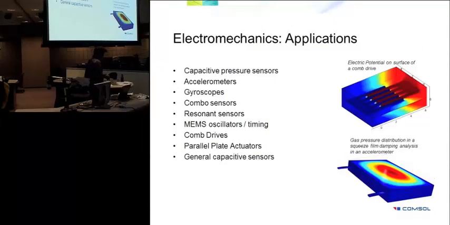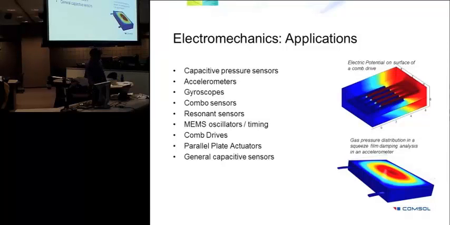what are some of the applications of this electromechanics? Well, applications come in designing sensors like capacitive pressure sensors, accelerometers, MEMS oscillators, comb drives, parallel plate actuators, and other capacitive devices.